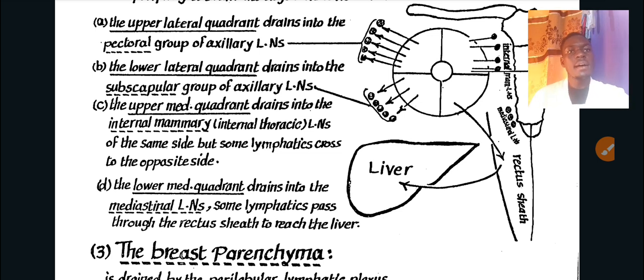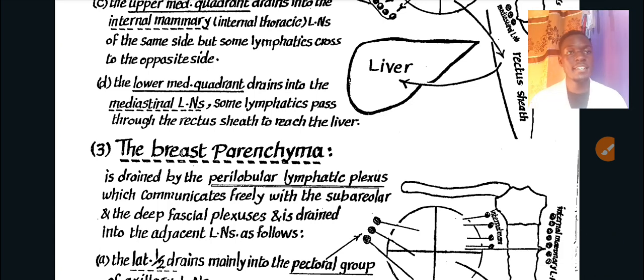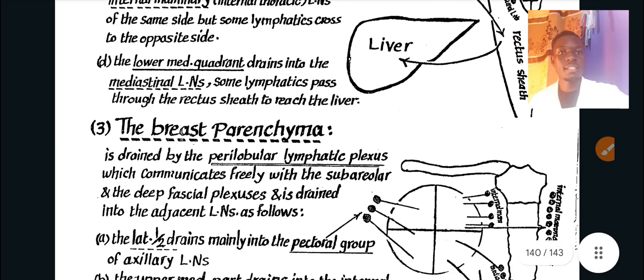Now, we also have the breast parenchyma. We say the breast parenchyma is also drained by the perilobular lymphatic plexus, which communicates freely with the subareolar plexus, just like we said, and the deep fascia, and is drained into the lymph nodes.